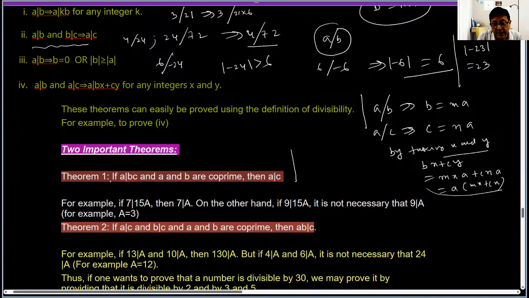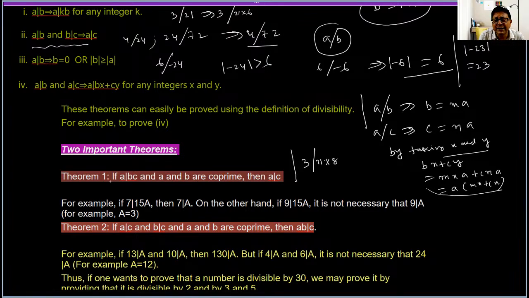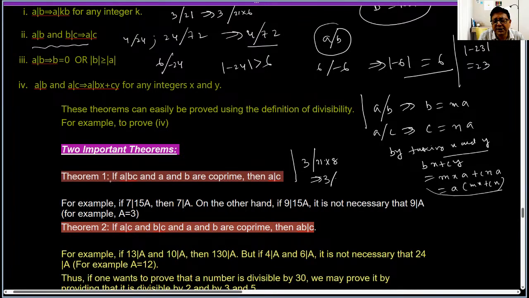Say 3 divides 21 into 8. Then this will imply that 3 divides 21, because 3 cannot divide 8.